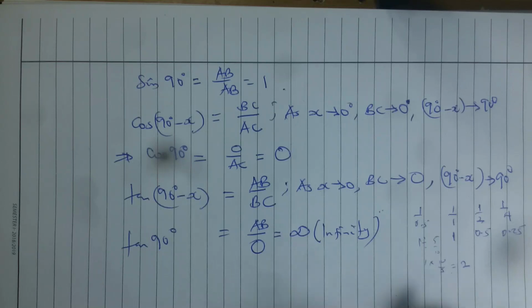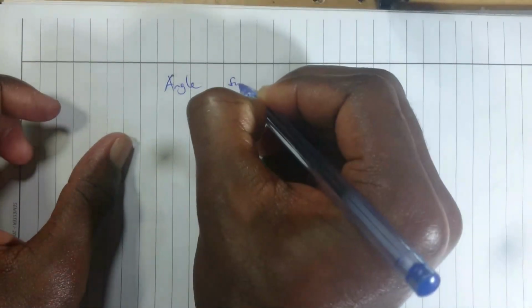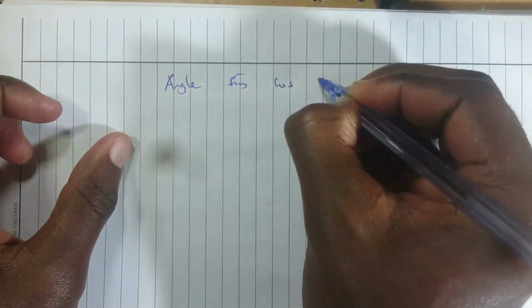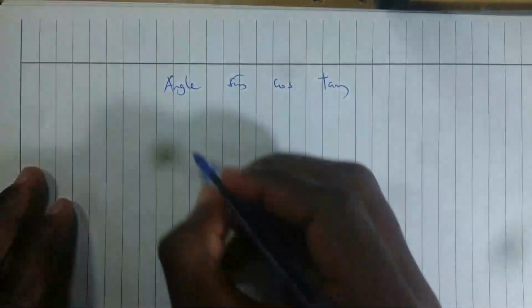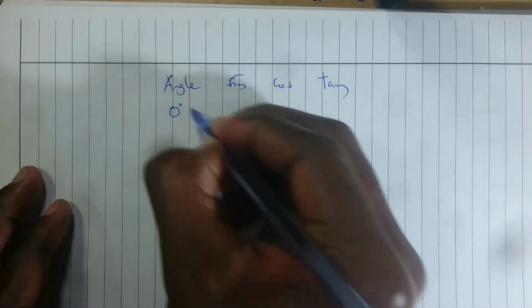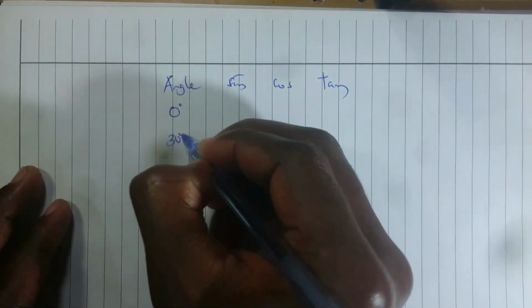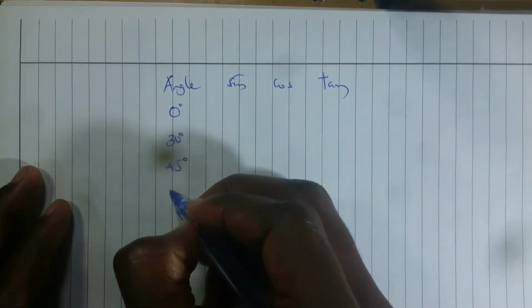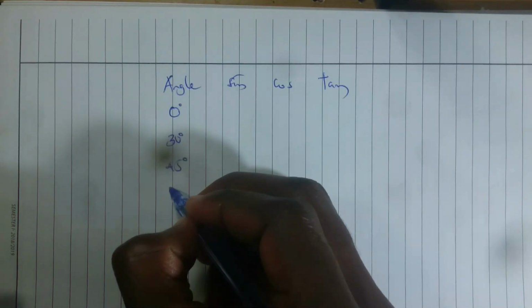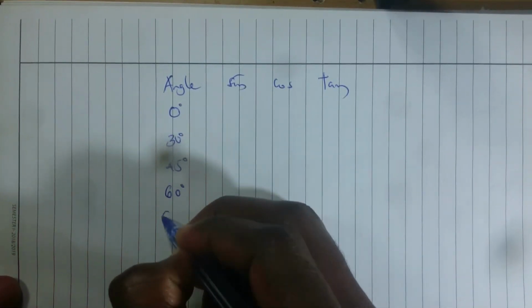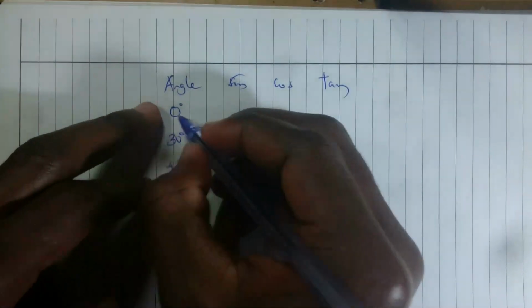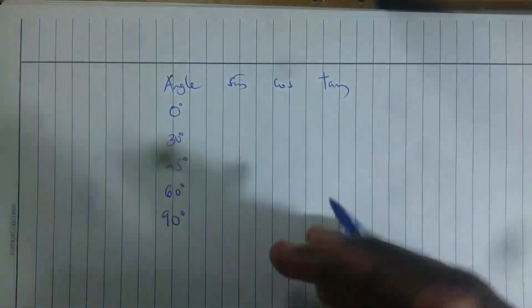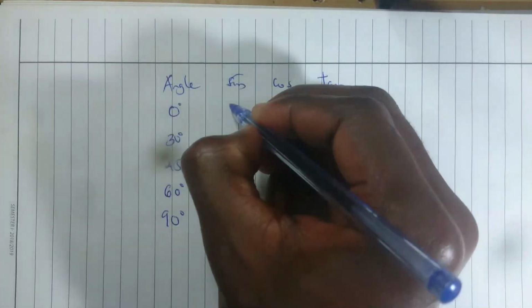Let me just give you some brief summary. We have here angle, sine, cos, tan. Okay, 0 degrees, 30, 45, then 60. Let me go to 90. This is a summary. Sine of 0, according to what we had been finding, is 0.